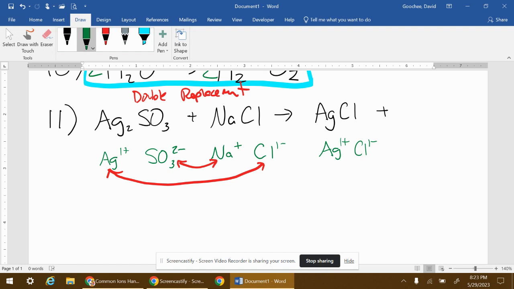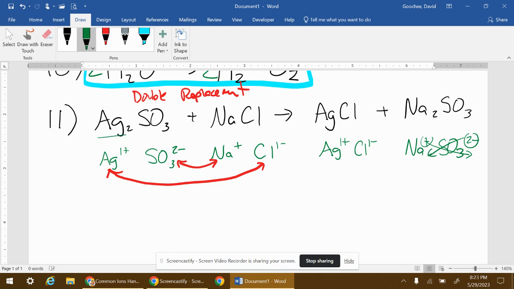And the next thing you're going to combine is sodium, which is 1 plus, and the sulfite polyatomic ion. So you're going to need 1 sulfite and 2 sodiums. So the formula for this is Na2SO3. All right, good. And now we just have to balance this thing.